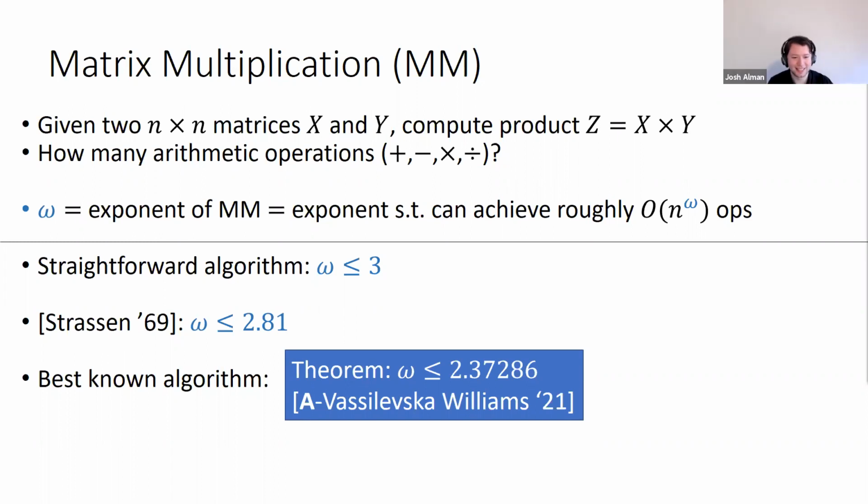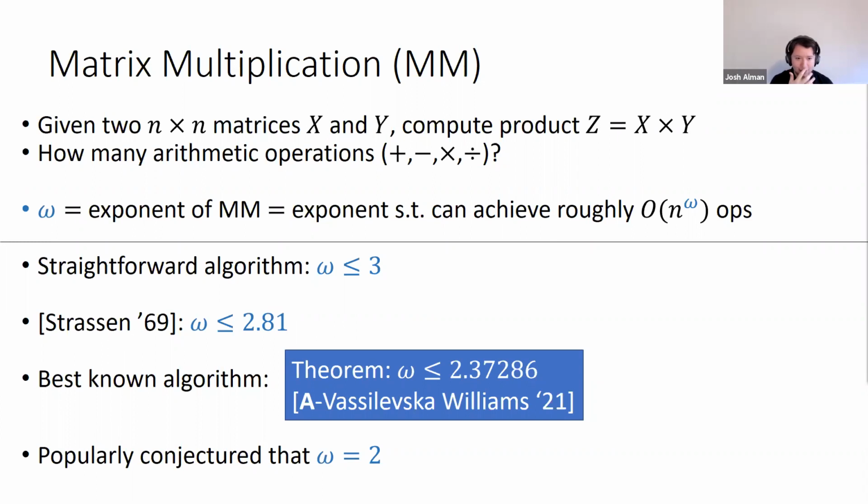Okay, so the best known bound is 2.37286, and it's actually popularly conjectured that omega is equal to 2. This would be really amazing if it's true. Remember, these are n by n matrices we're multiplying. So it takes n squared time just to read in the entries of the input matrices and write out the entries of the output matrix.